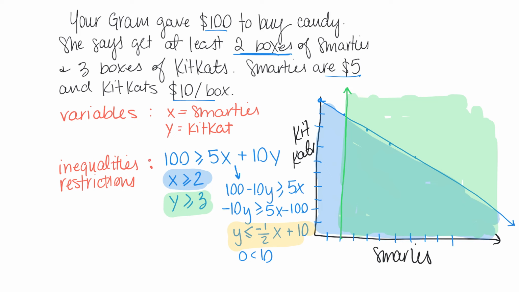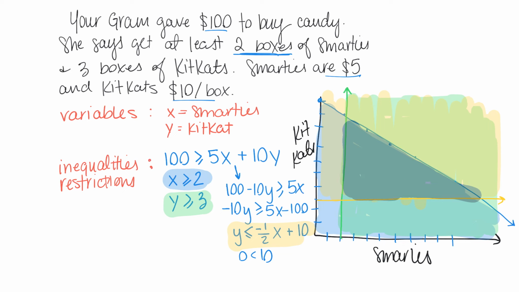So y is greater than 3 is going to be right here. Okay, and I'm going to shade above that as well. So here's what I've got. So now I'm going to go over this extra dark so you can really see what I've got. So here is my area that's going to work.